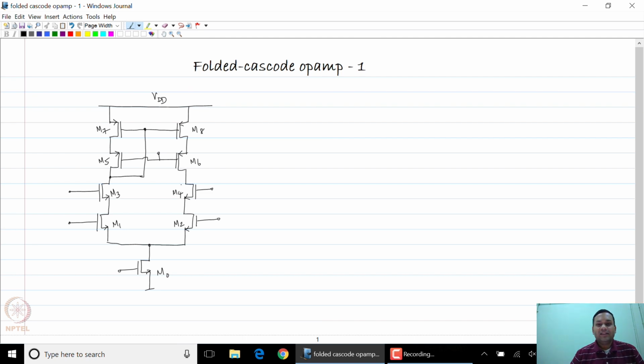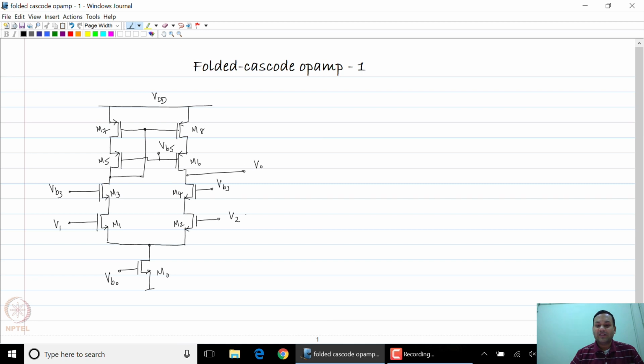And let us say that the bias voltages are as shown. So gate of M0 gets a voltage VB0, gate of M3 and M4 get voltages VB3, gate of M5 and M6 get a bias voltage VB5, and this is the output taken at the drain of M4 and M6. And V1 and V2 are the inputs.